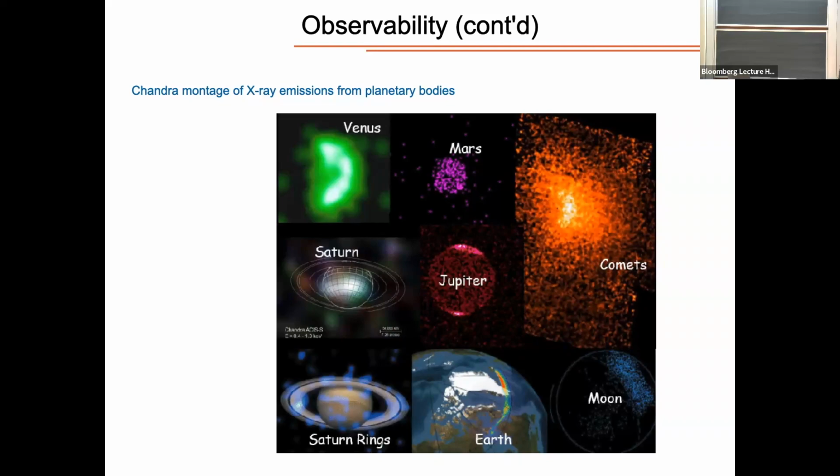What about the moon? There are no neutrals there, practically nothing. Well, that's from the surface. Essentially, this is fluorescence. You see the fluorescence in the X-rays. Same as here.